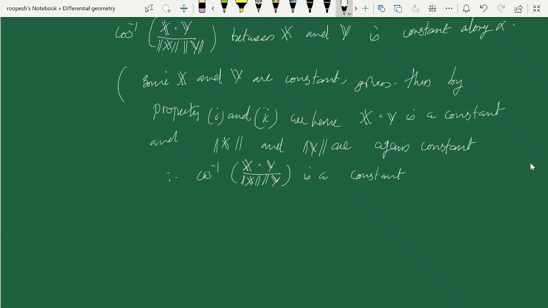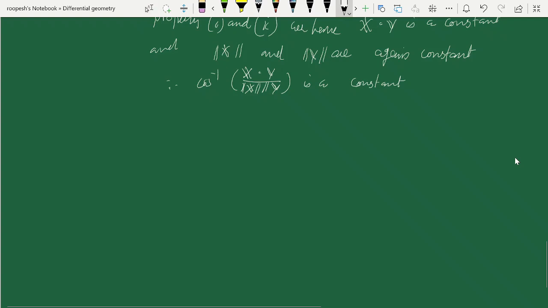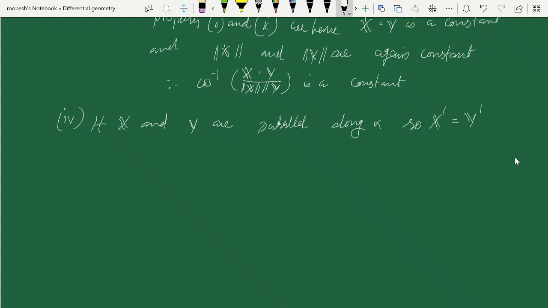So we have proved three properties, and the fourth property is: if X and Y are parallel along alpha, then X dash equals Y dash equals 0, since it's given that X and Y are parallel along alpha.